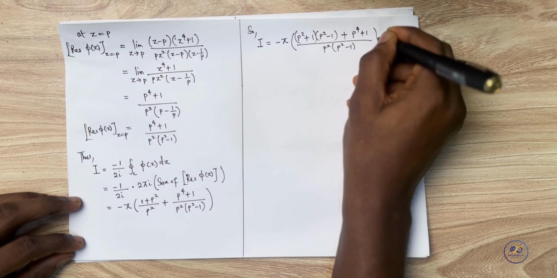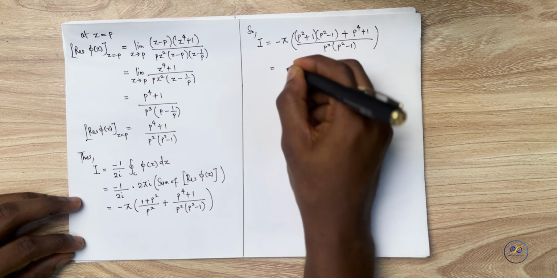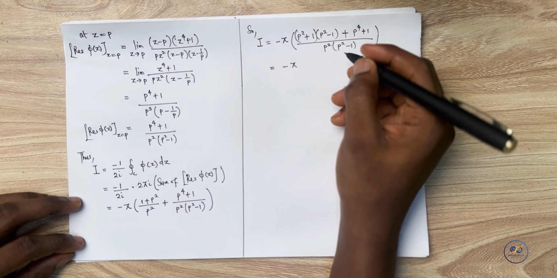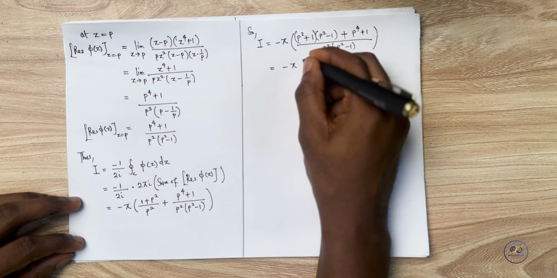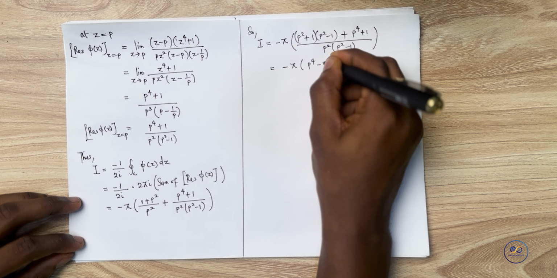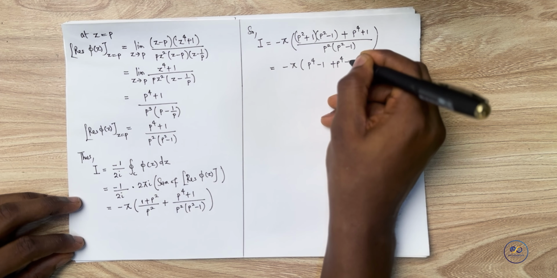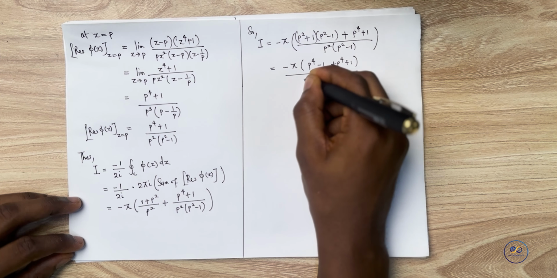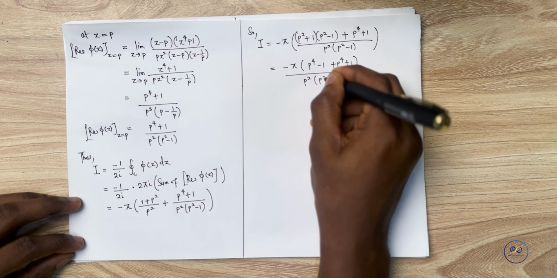Now we see that this first part gives us a difference of two squares. We have minus pi into p raised to power 4 minus 1 plus p raised to power 4 plus 1, divided by p squared minus 1.